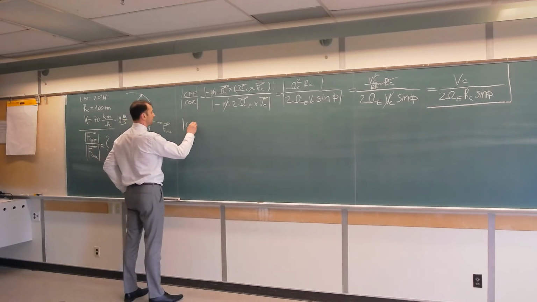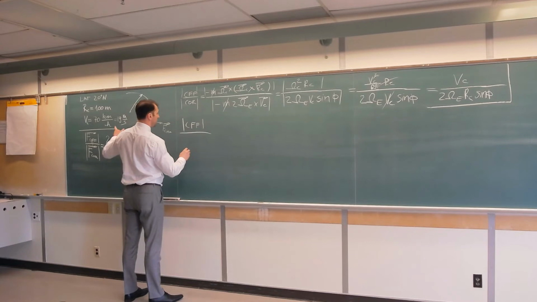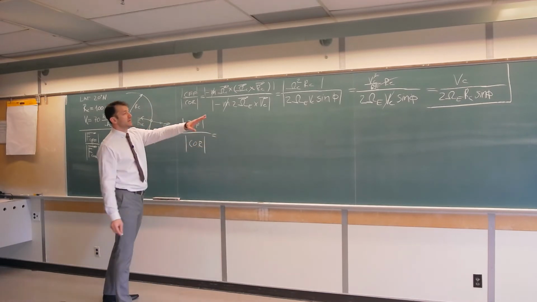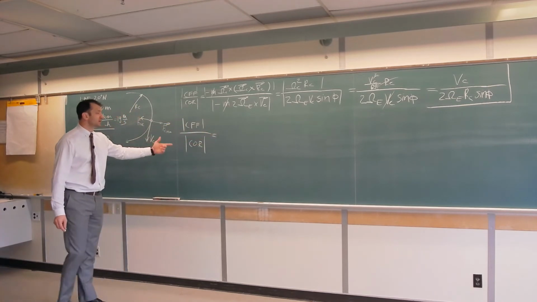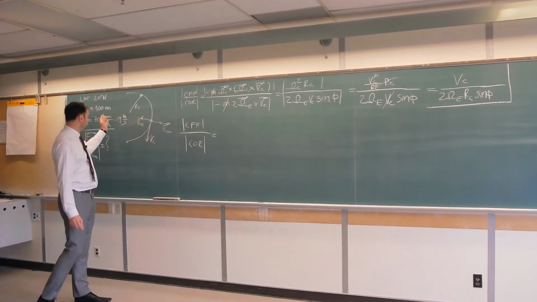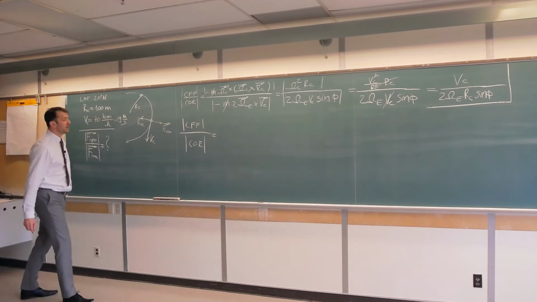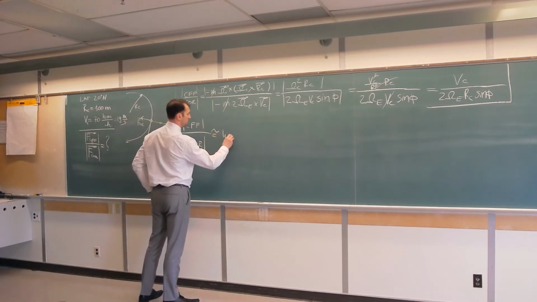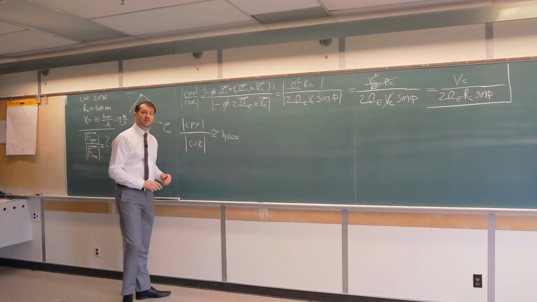Now, in this particular case, well, in any case, basically, but in our particular case, if we plug in these numbers, you will get that this is approximately 4,000. Of course, it's not exactly 4,000.